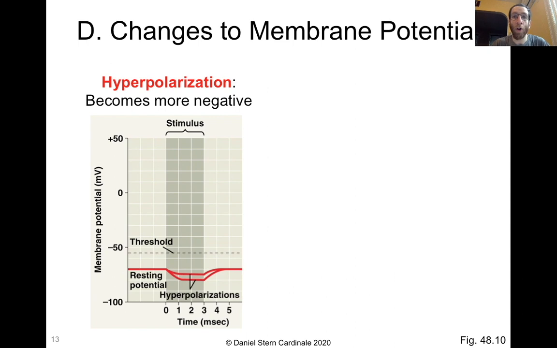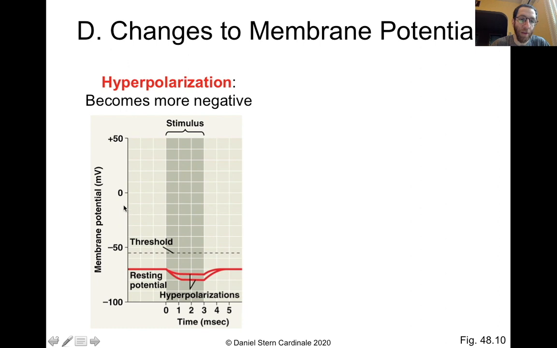Of course, in order for neurons to work, we're not going to keep that resting membrane potential the same. We have to change the membrane potential, and there are 2 ways we can do that. The first is a hyperpolarization. This means that the membrane becomes more polarized, so it becomes further from zero, which means because we're starting at a negative point, it's going to become more negative. So in this figure, the y-axis shows you the membrane potential in millivolts.